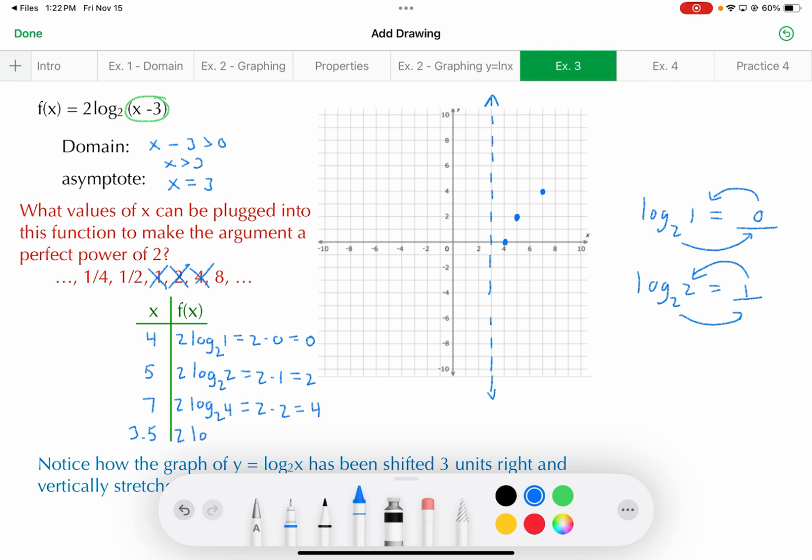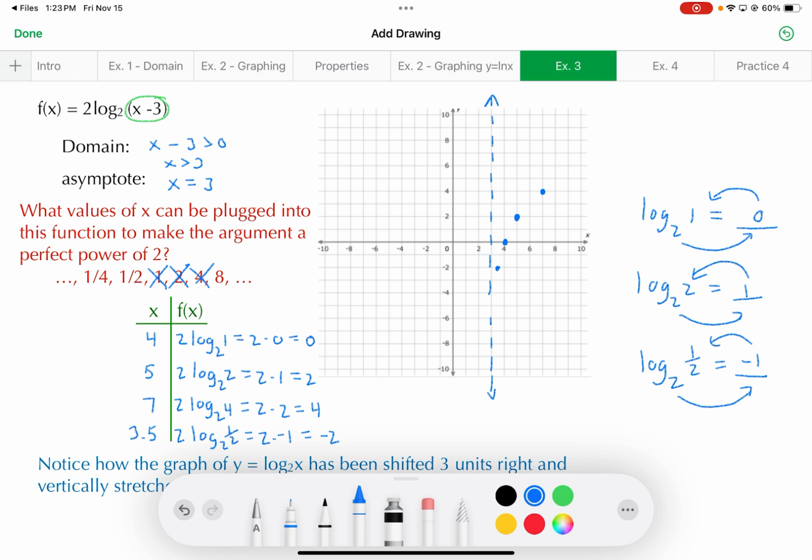That's going to give you 2 times log base 2 of 0.5, or 1/2. Maybe you need to see it. What's log base 2 of 1/2? 2 to what power is 1/2? -1. So this is 2 times -1, or -2. So we have a point at (3.5, -2). That's getting pretty close to the asymptote.